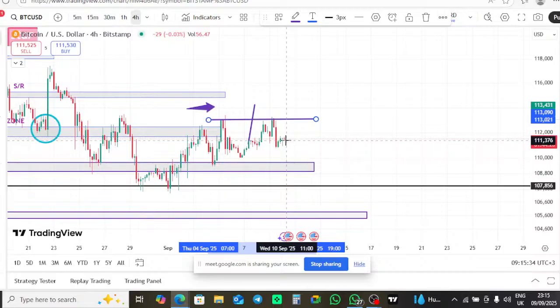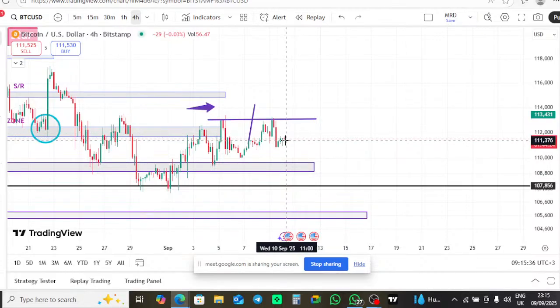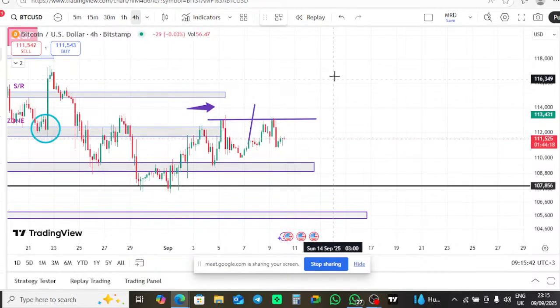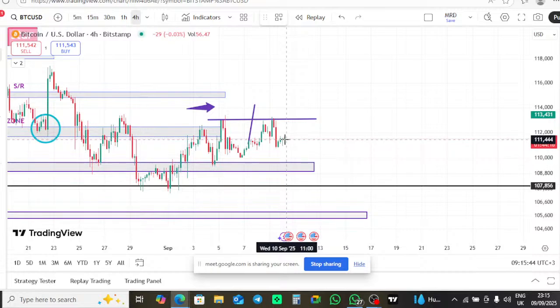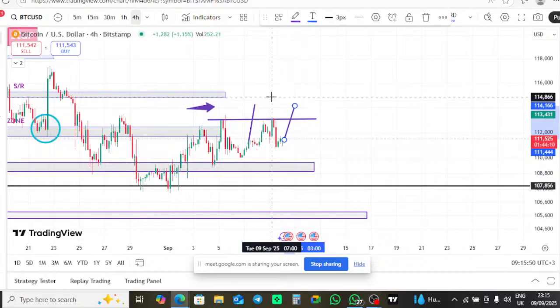So I'm going to put a line for you from there. From here we expect the market to come and close above that area. So it should be like that.